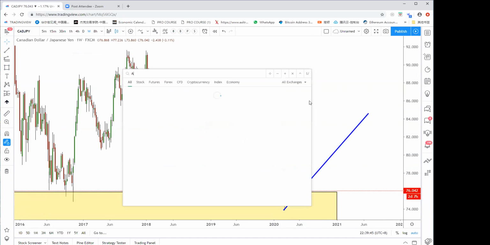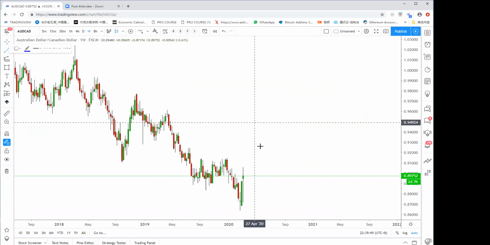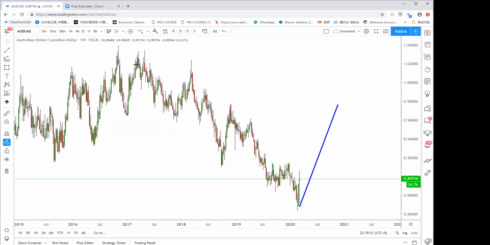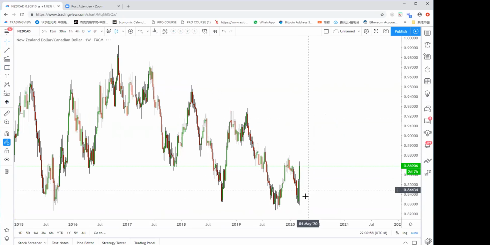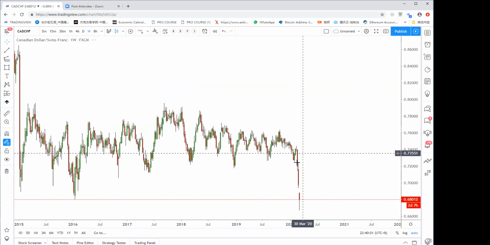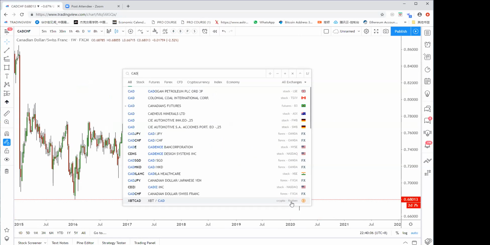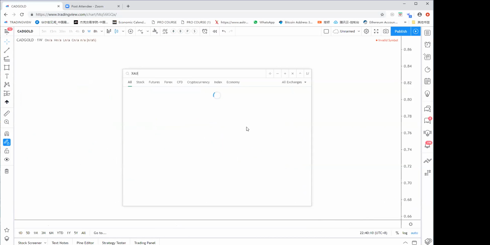Right. Let's check Aussie cat. You can see the Aussie dollar versus Canadian dollar. The Aussie dollar is going up, so Aussie is stronger than the Canadian dollar. The Kiwi Canadian is also going up, right? And the Canadian versus Swiss franc is going down. The Canadian versus gold, let's just check.